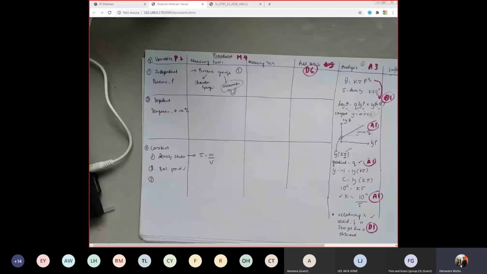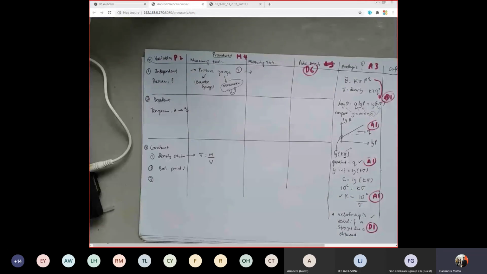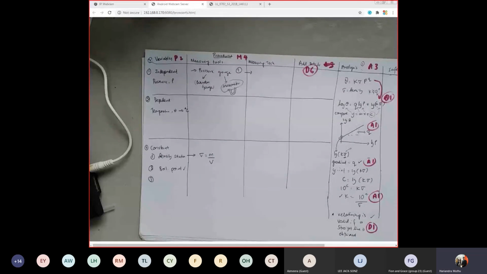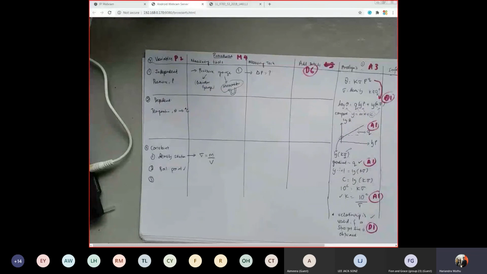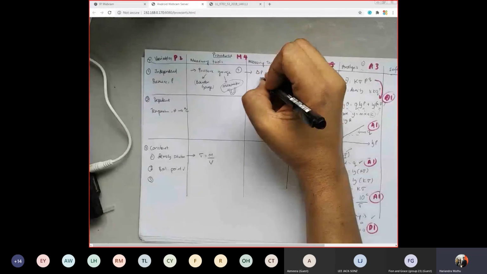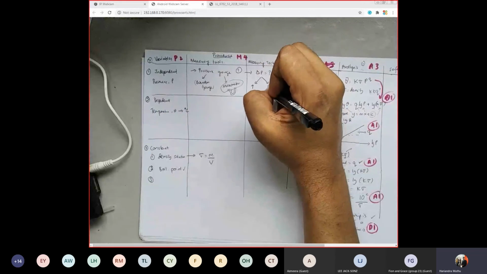Okay, so what is the measuring technique for this? Do you have a particular measuring technique? We need to change the value of the pressure, correct? So how are we going to do that? You have to ask yourself whether you are going to increase or decrease the pressure.